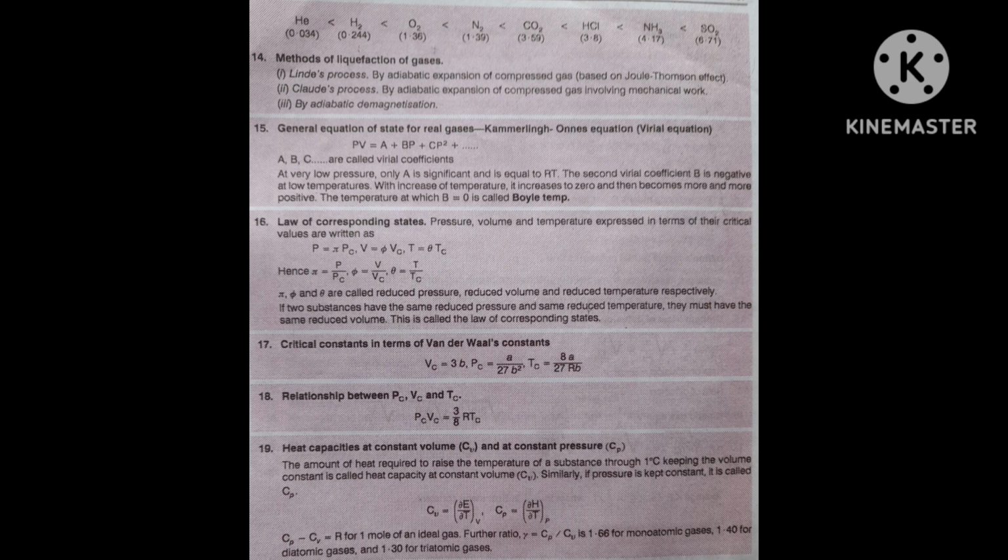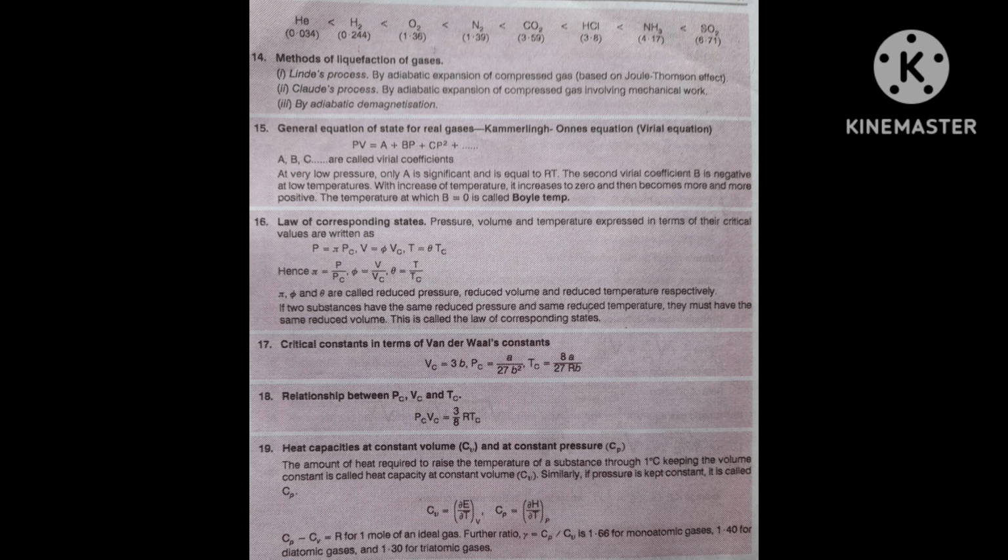Similarly, for Cp, here you can write del H, enthalpy. Again the same way, del H divided by del T at constant P, which means pressure. You know here H is equal to E plus Pv, but at constant volume only E you are considering, and here del H means E plus Pv, work done also you are considering.